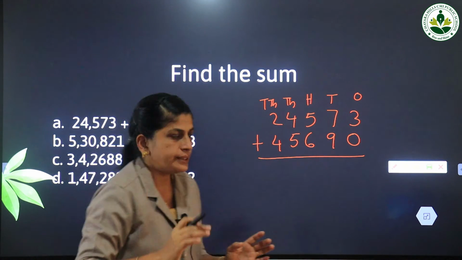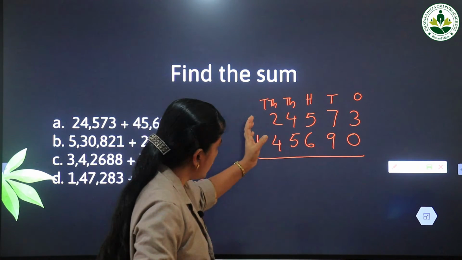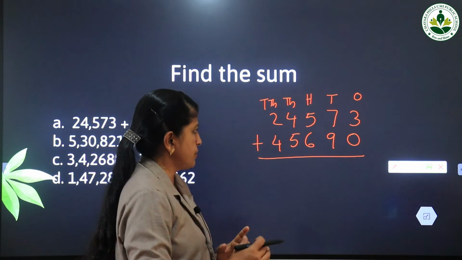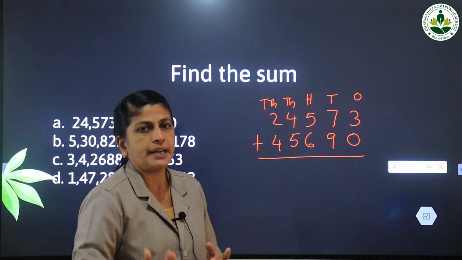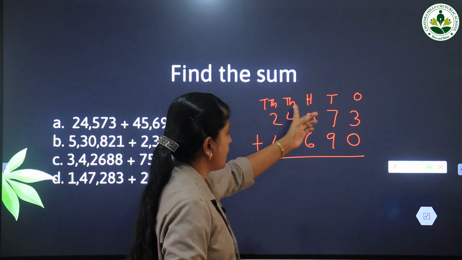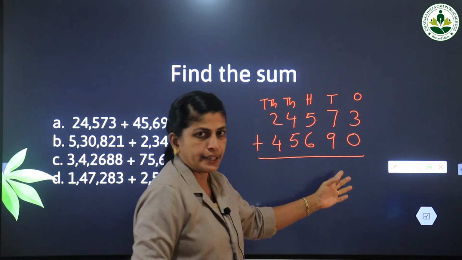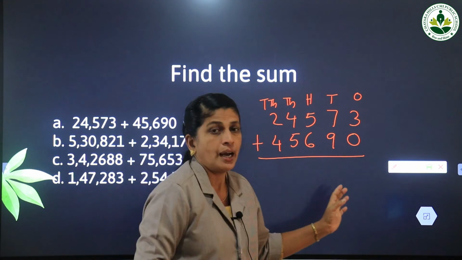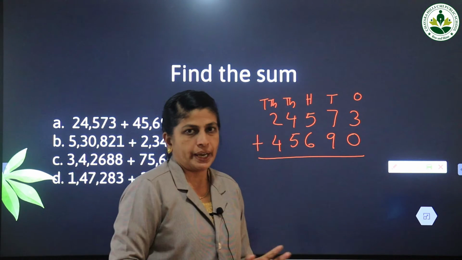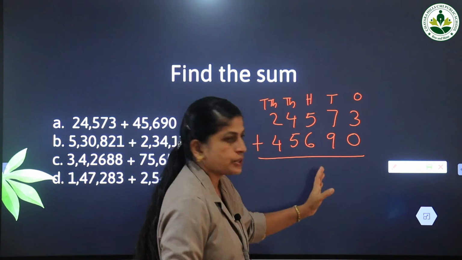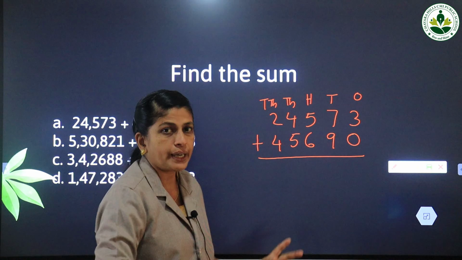In 3rd standard we wrote the places on top of the numbers, but this year onwards we are going to add big numbers, therefore no need to write these places. Only thing is you have to write the digits in the correct places. 1's place digits should be in one line, 10's place digits in one line, like that, one below the other.